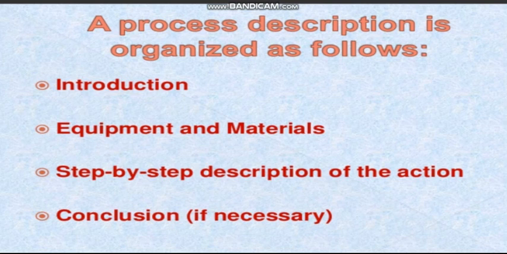See, for example, for preparing tea, you need a steel vessel, then a stove, then you need water, then you need tea powder, then sugar. So you should state that these equipment and materials are needed for preparing tea just after the introduction.